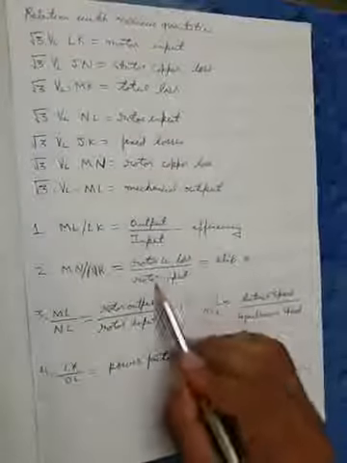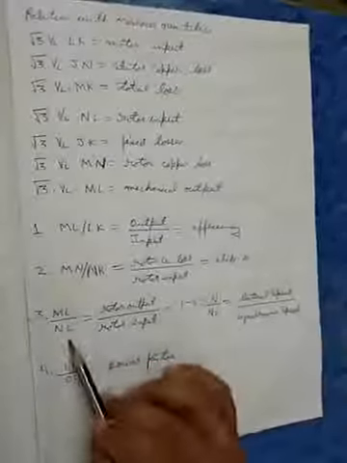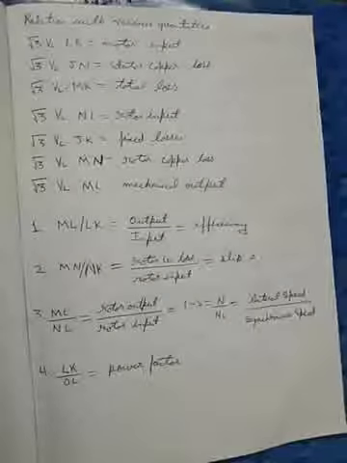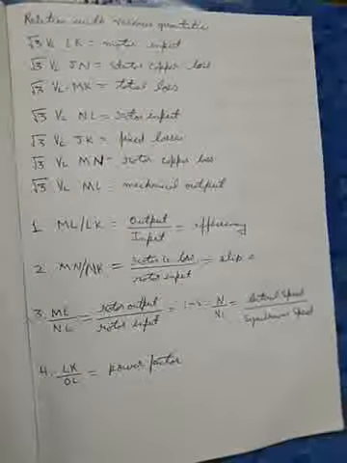Now MN upon NL is equal to rotor copper losses by rotor input, which is slip. ML upon NL is equal to rotor output divided by rotor input, which is equal to 1 minus s, which is equal to N upon Ns, actual speed divided by synchronous speed.